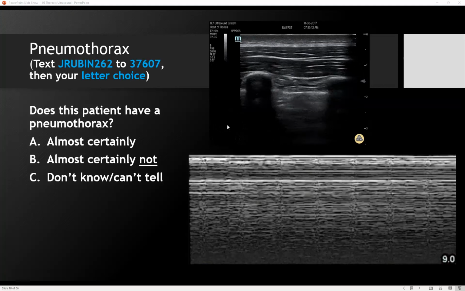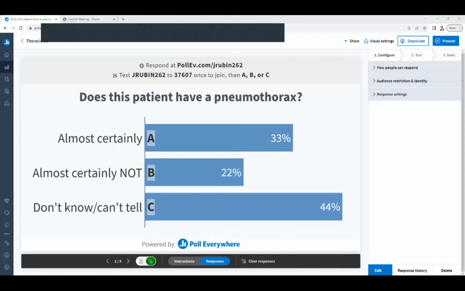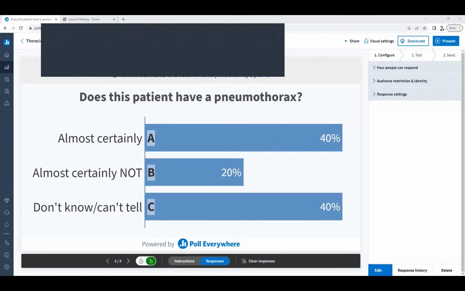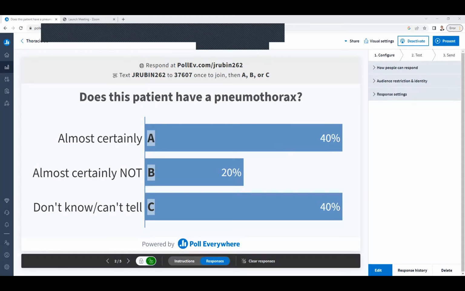The question is now live. Does this patient have a pneumothorax? Almost certainly not, don't know, can't tell. The answer here is almost certainly has 40%, almost certainly not has 20%, and don't know, can't tell is also 40%.